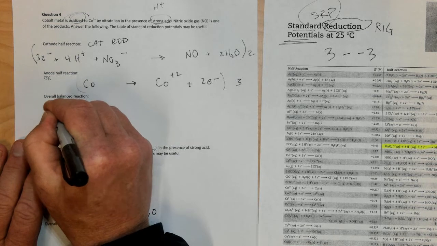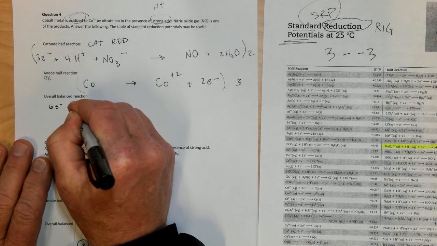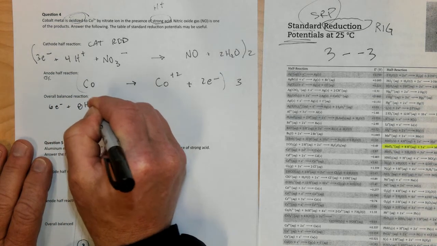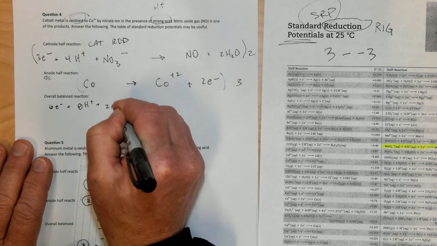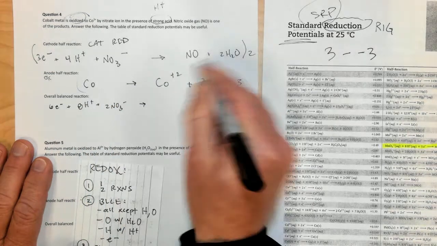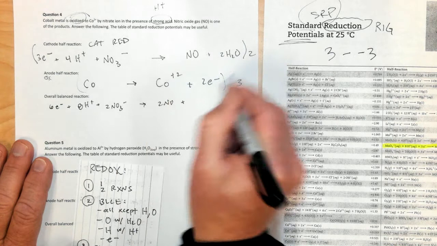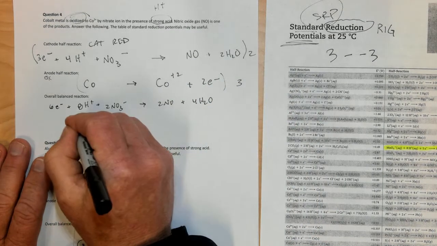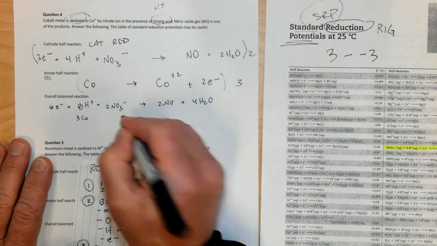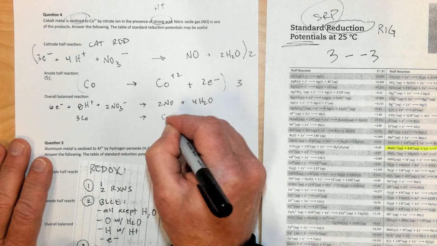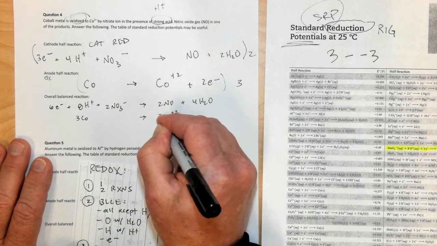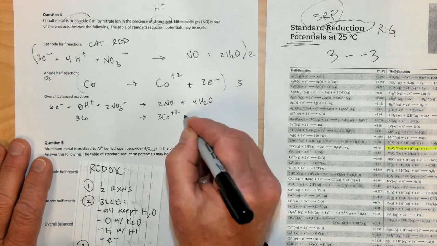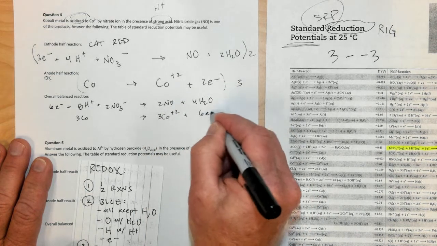So that would give me 6 e minuses plus 8 H pluses plus 2 NO3 minuses, arrow, 2 NO plus 4 H2Os. And then right here I'd have 3 Cos going to 3 Co positive 2s. Whoops, write the 3 in there. And then I'd have 3 times 2, or 6 electrons.